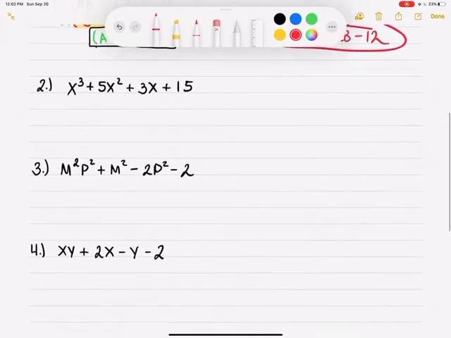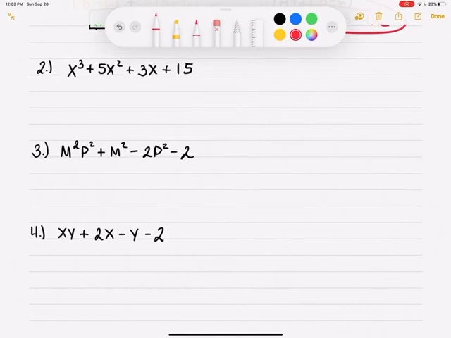In the second example, I have x cubed plus 5x squared plus 3x plus 15. Again, I'm going to start by splitting my polynomial into two groups. The first two terms both have x's in them, and they're both raised to a larger power. One's raised to the third, one's raised to the second.